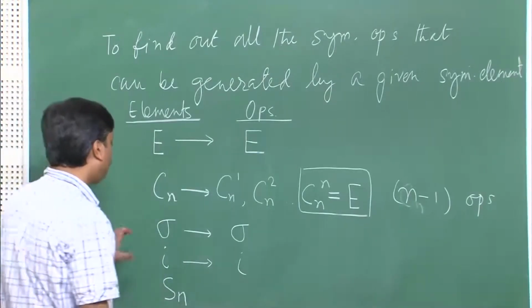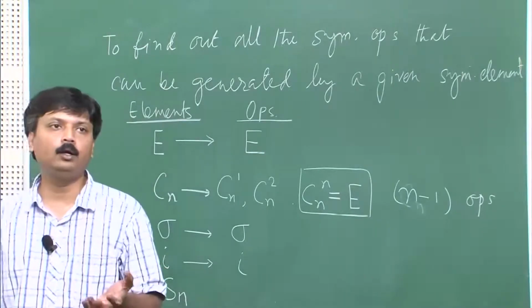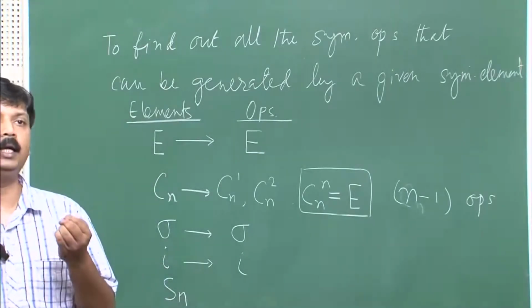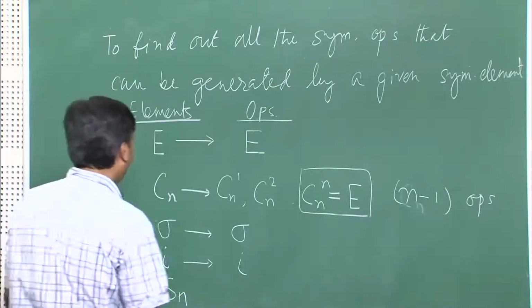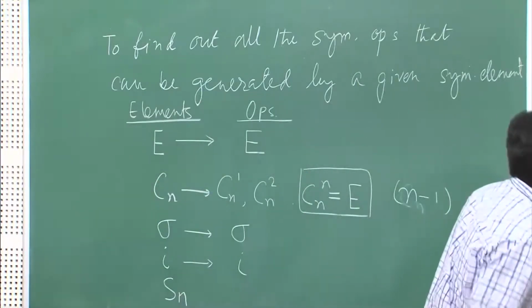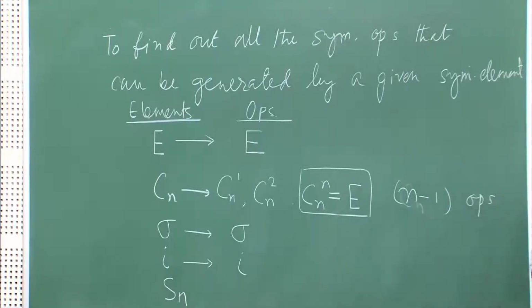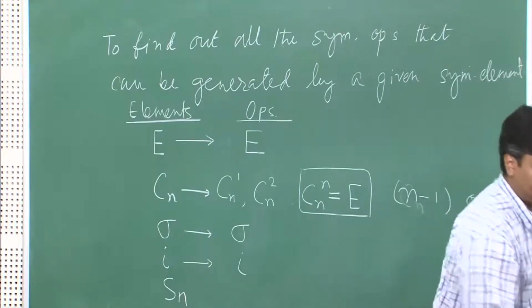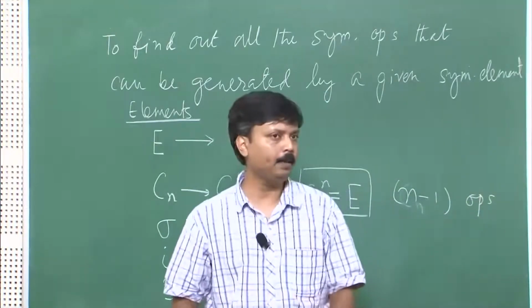The number of operations that you can generate is very much dependent on whether n is even or n is odd. Now what we will do, we'll find out how many operations this Sn can generate when n is even. Okay?